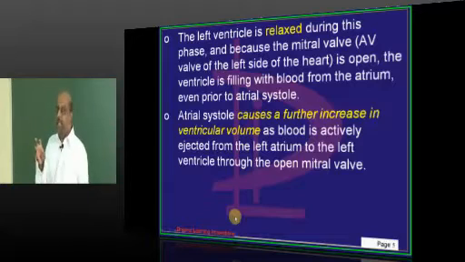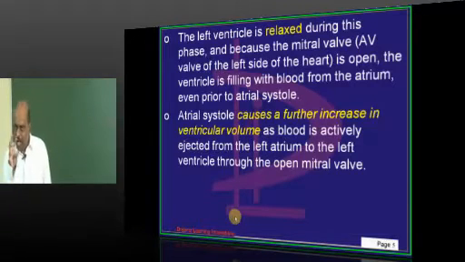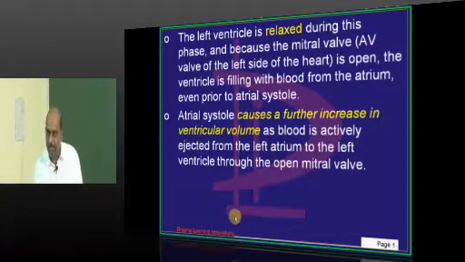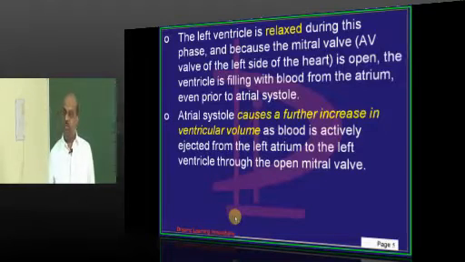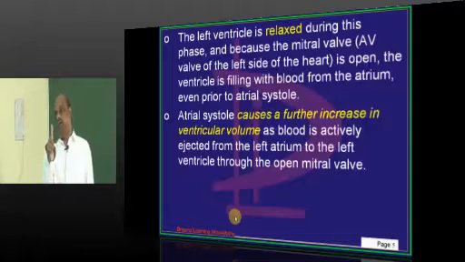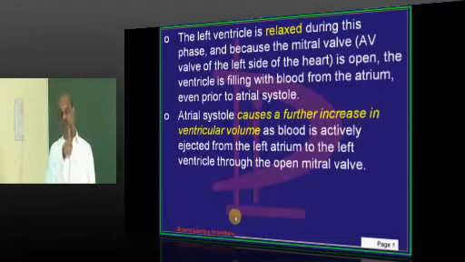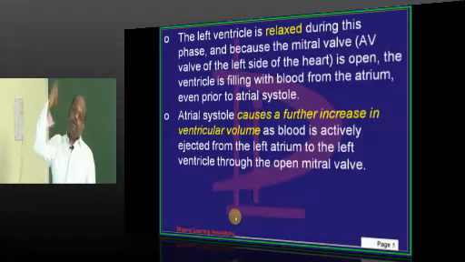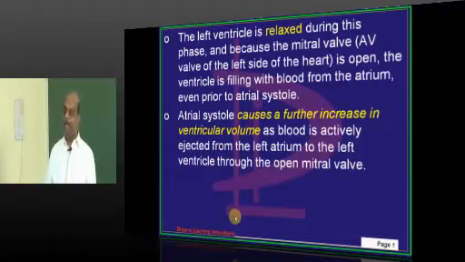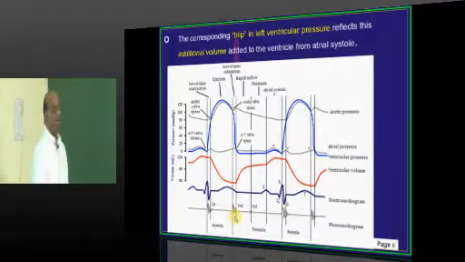This atrial systole will kick that last bolus of blood into the ventricle. So what happens to the volume of blood in the ventricle? It also increases, pressure also increases, atrial pressure also increases, and in the jugular venous pressure curve the A wave will appear. So these are all the things that need to be remembered.